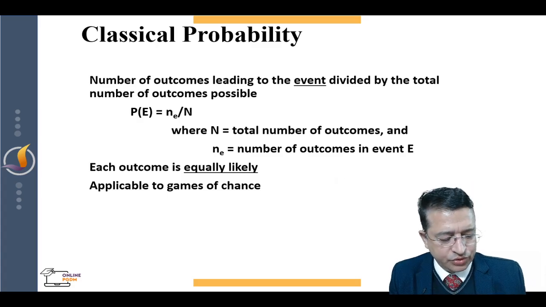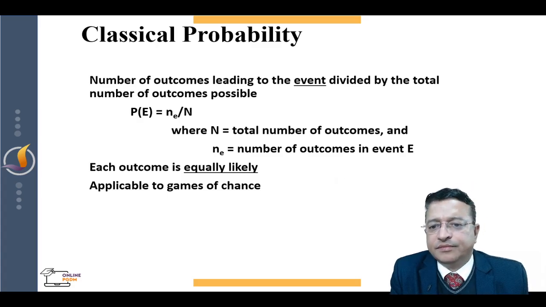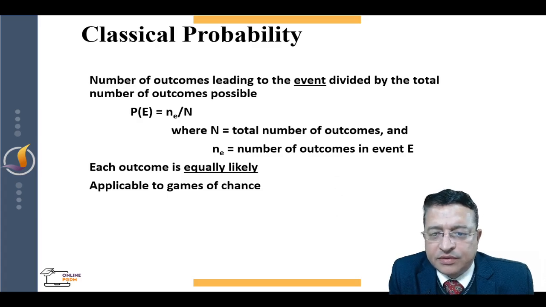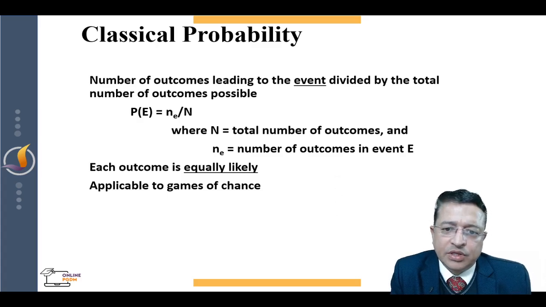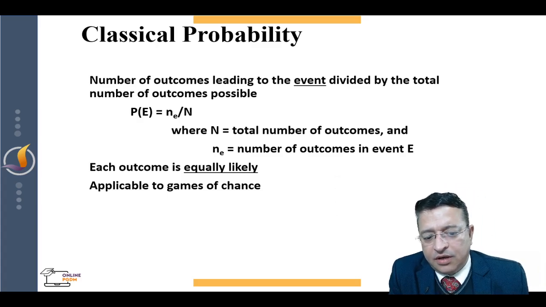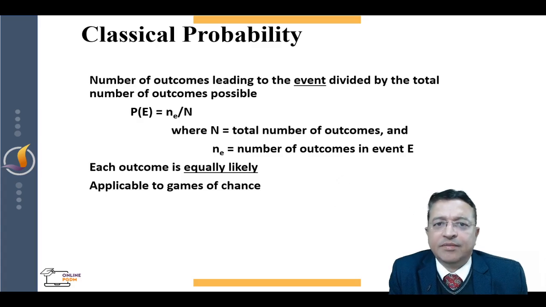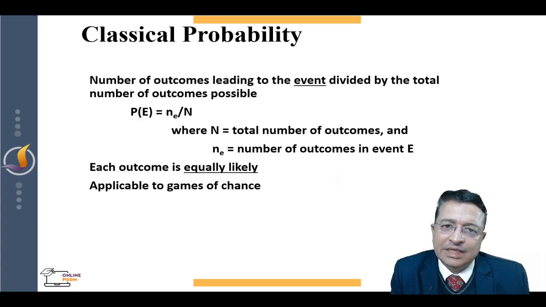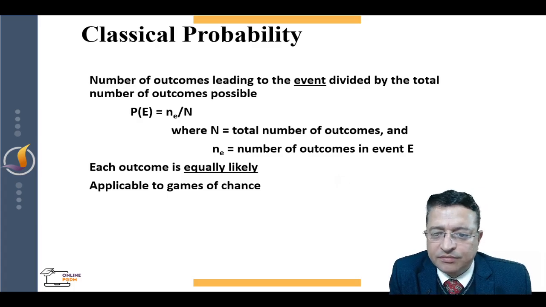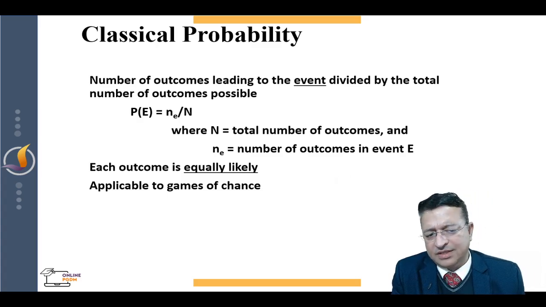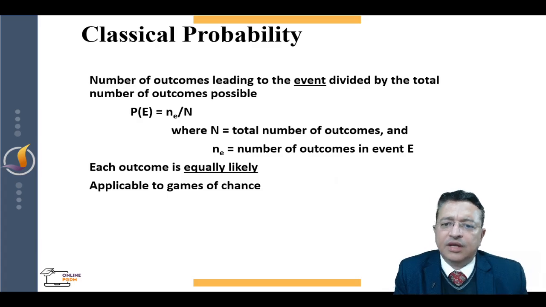Out of those two events, one can appear at a time. So how many events are in your favor? Out of two, only one. So as per the definition of classical probability, the favorable number of outcomes you are looking for divided by the total possible outcomes will give you the probability of happening. Similarly, you can calculate in any case.